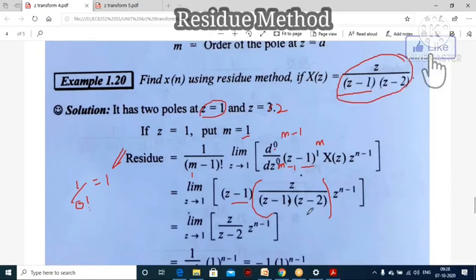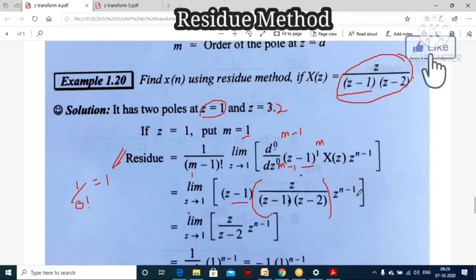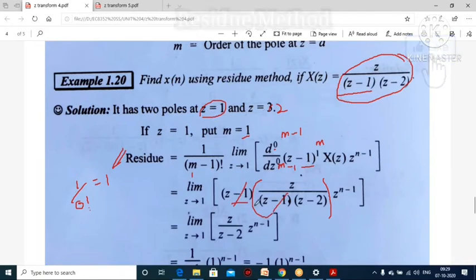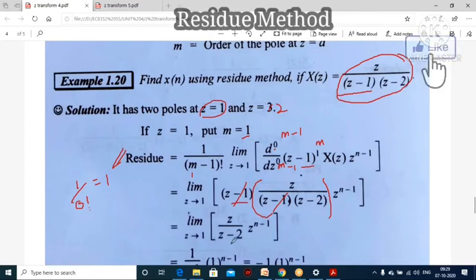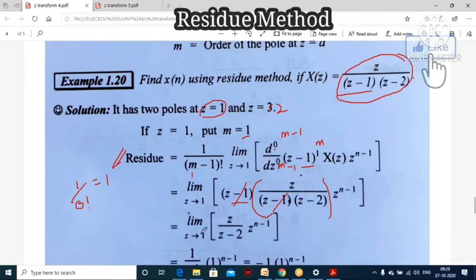z by (z minus 1) into (z minus 2) into z to the power n minus 1. Okay. In this limit, the poles (z minus 1) and (z minus 1) should cancel out. So finally you get only z by (z minus 2) and z to the power n minus 1 inside this part. Outside, you allow the limit z tends to 1. Then substitute z tends to 1 here.